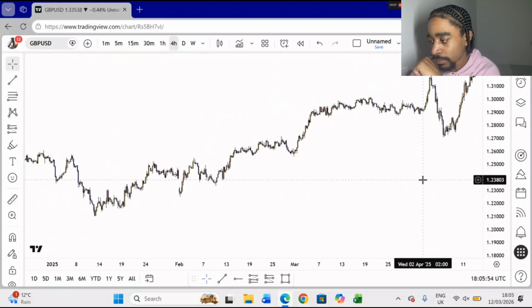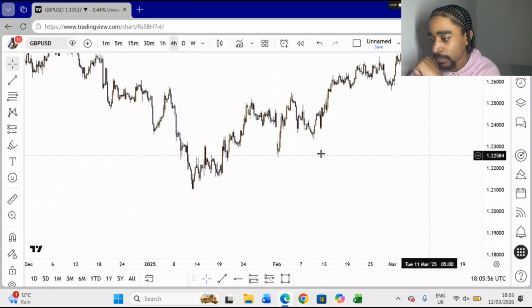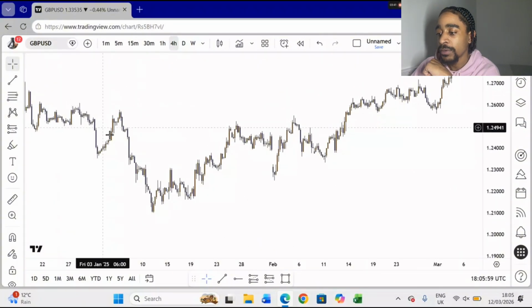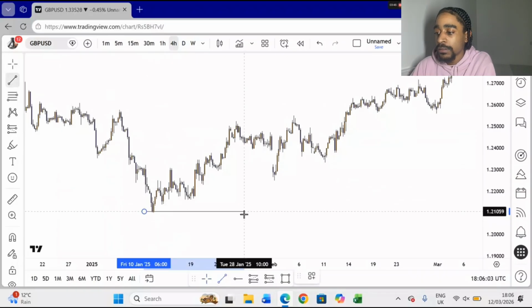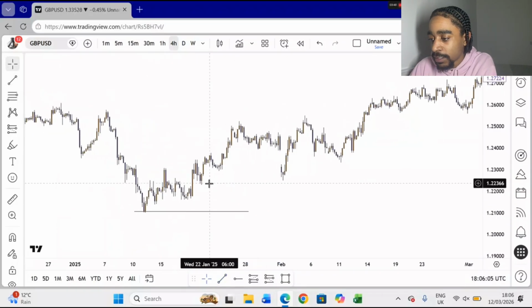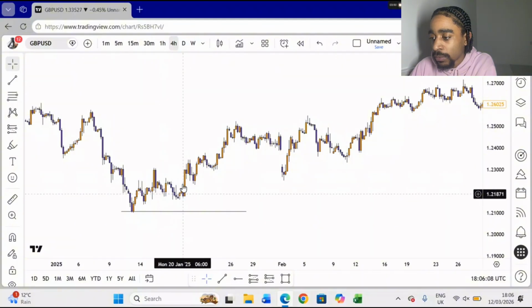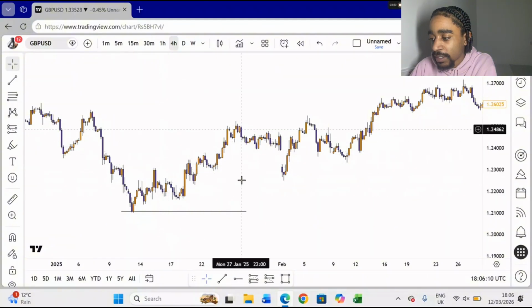Okay, so right here I can see an uptrend example. So we've just come out of a downtrend and we've put in this low right here, and then instantly we've put in a higher low and we've moved higher with higher highs and higher lows.